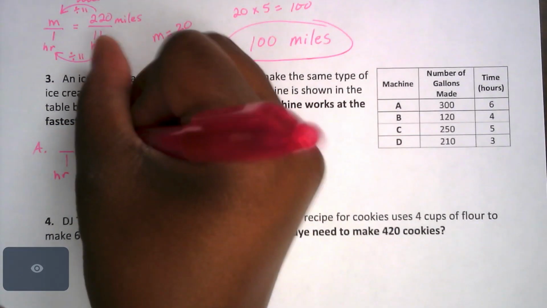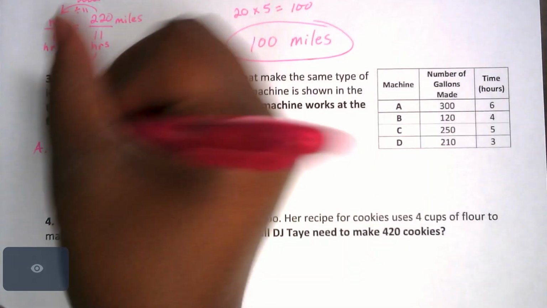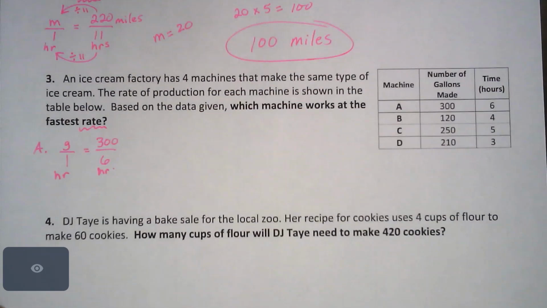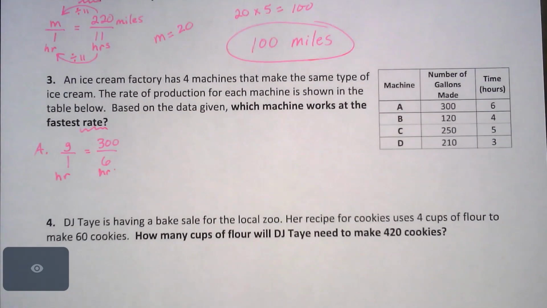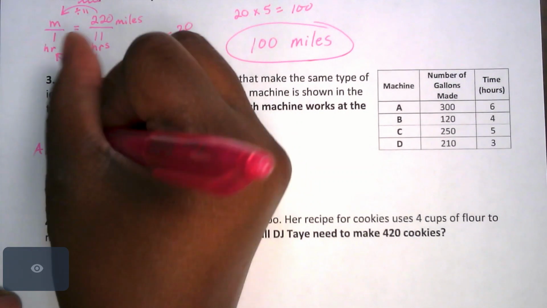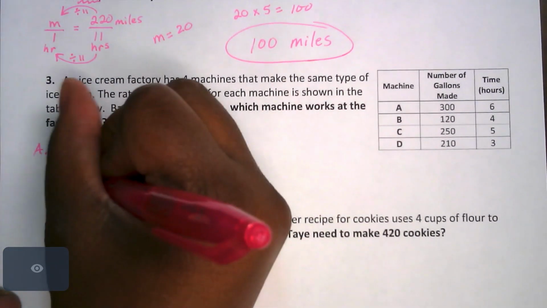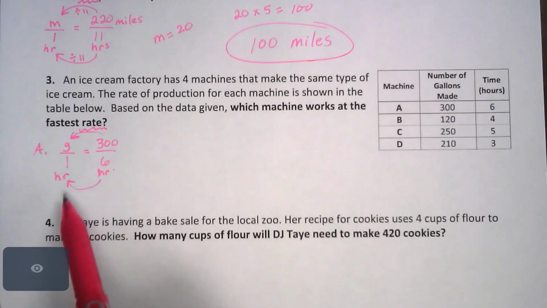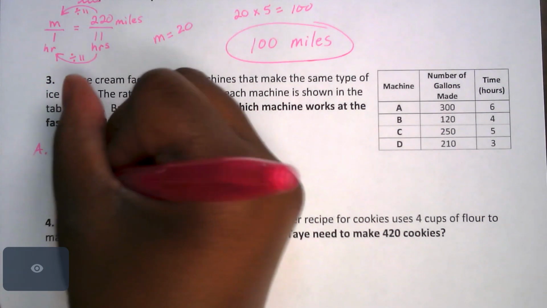for 300 gallons. And I'm going to use G for gallon because I have to solve for that. So now let's go ahead and draw my arrows. I'm going from 6 down to 1 by dividing by 6.